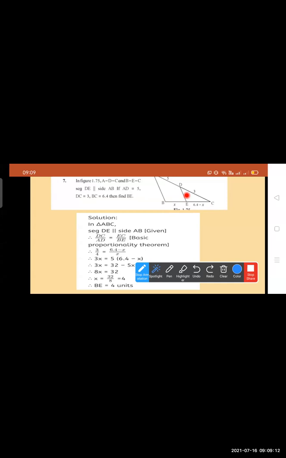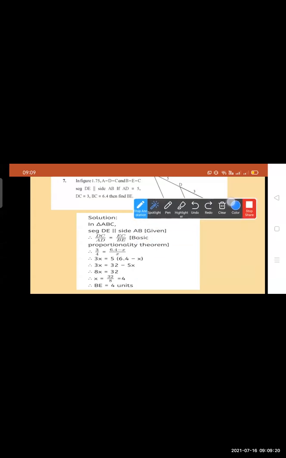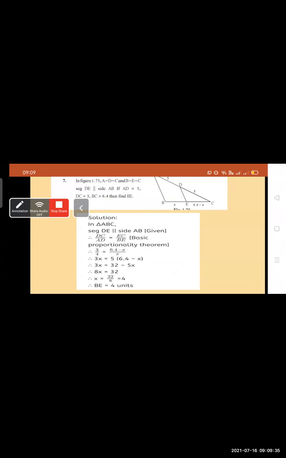Then substitute the values: 3 by 5 is equal to (6.4 minus X) by X. Cross multiply: 3 into X, and 5 into (6.4 minus X). So we get the value of BE, X, equal to 4 units.